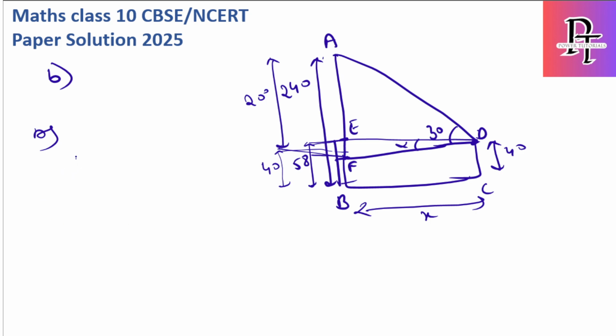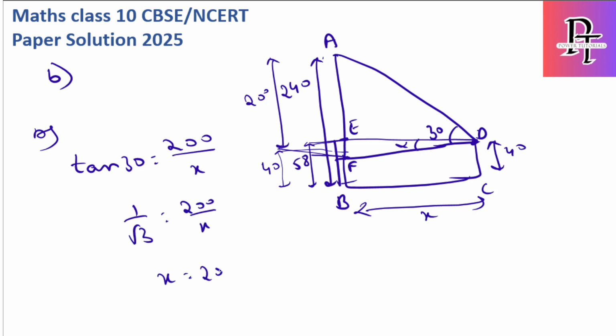So tan 30. I need to write the height as 200 now, not 240, because we already have a height of 40. Tan 30 is 1 by root 3, which equals 200 by x. So the x value is 200 root 3 meters. If I substitute 1.732 I can write it, but it is not required here because it is just a 1 mark question.